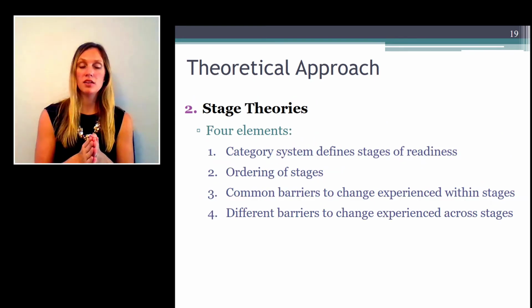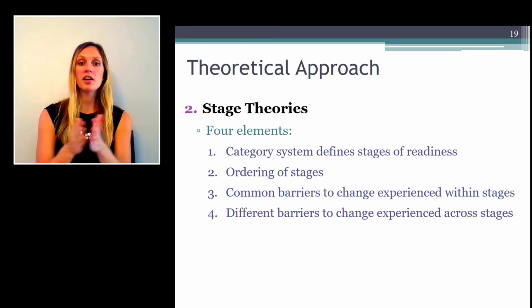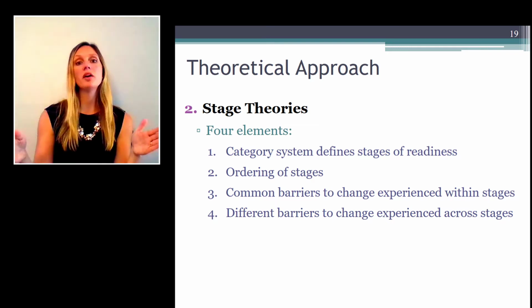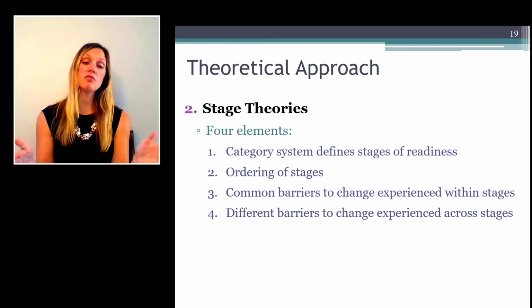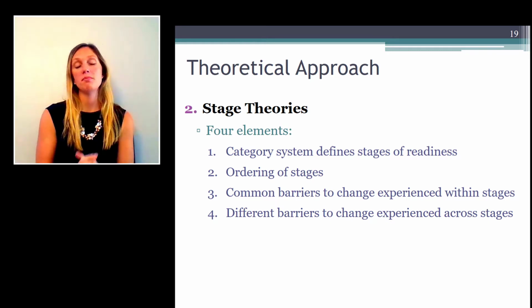So more specifically, stage theories include categories that people can be assigned to by their stage of readiness to change their behavior. So on this continuum, we have people who are nowhere near ready to make a behavior change, and then people that actually have made a behavior change and are just trying to maintain that change.